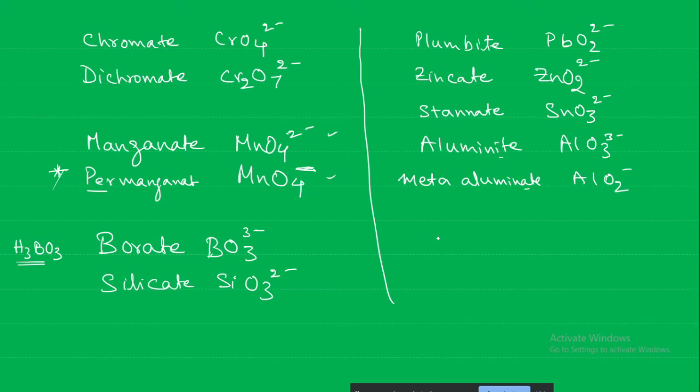In our book, aluminite is not given; on page 102, reaction 3 with aluminium, sodium aluminite with fused sodium hydroxide gives Na3AlO3. But page 6 gives aluminate.